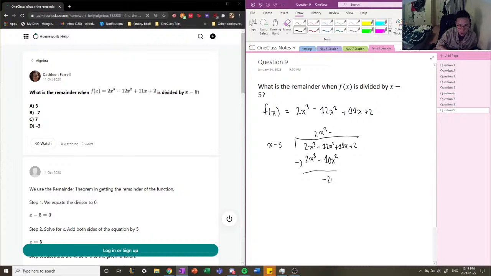Okay, and that's negative 2x squared plus 11x. And multiplying by negative 2x, we get negative 2x squared plus 10x. Add it together, we get x plus 2.